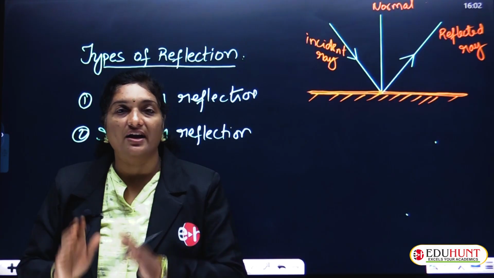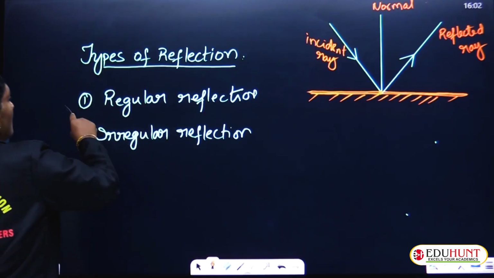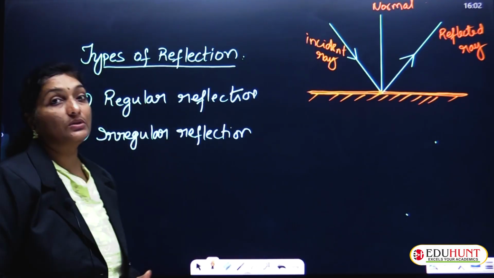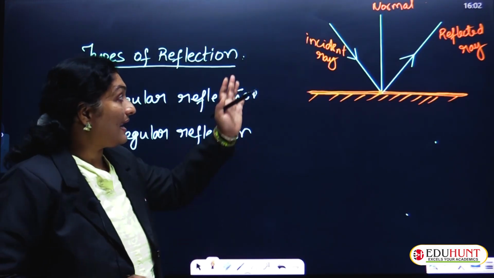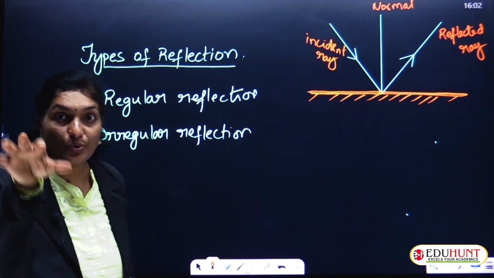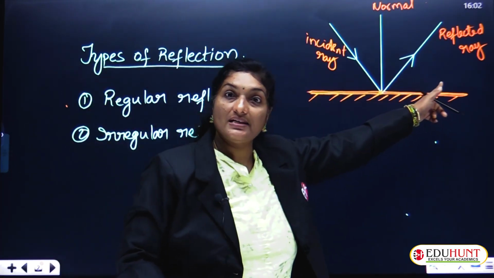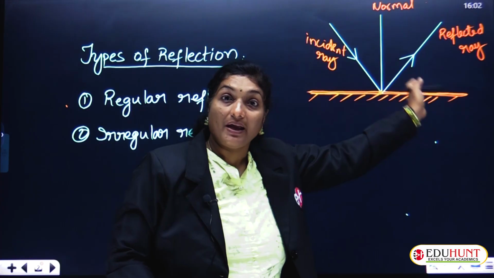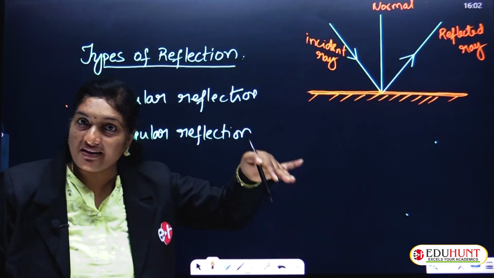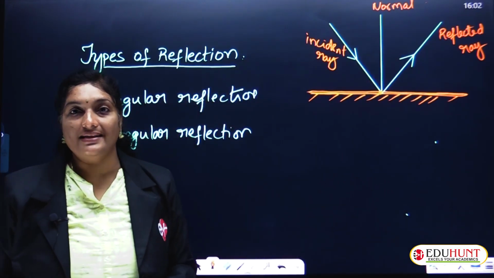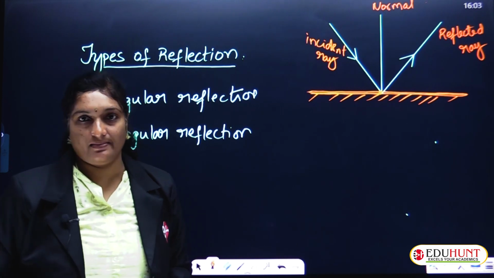Those types of surfaces are called smooth surfaces. The light falling on these smooth, highly polished surfaces is also reflected, and in that case, the reflected rays are called regular reflections.